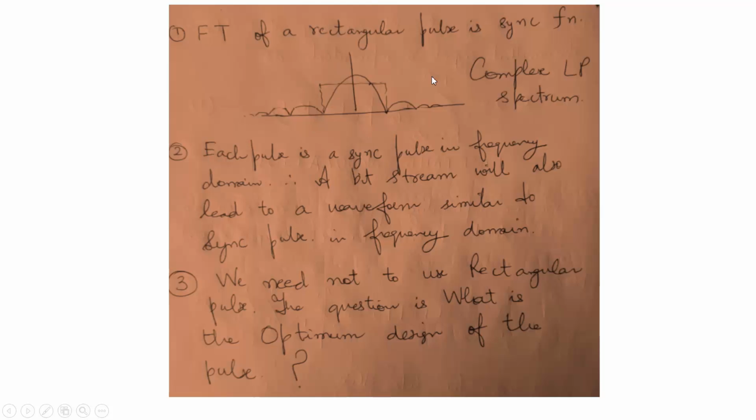Now the question is, up till here I discussed the baseband modulation. No carrier frequency was there, and the spectrum is centered around zero frequency. Now, in case of passband modulation, what we will do is multiply this p(t) pulse with a carrier signal, a high frequency signal, sine 2 pi f naught t.